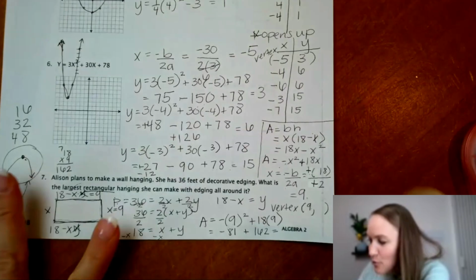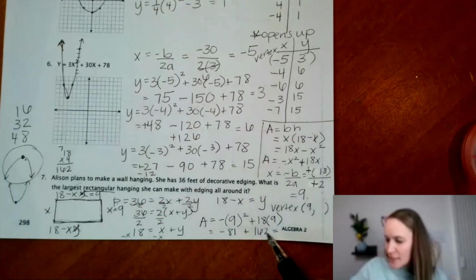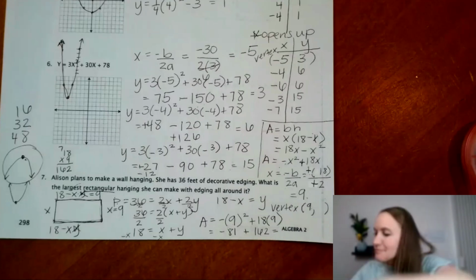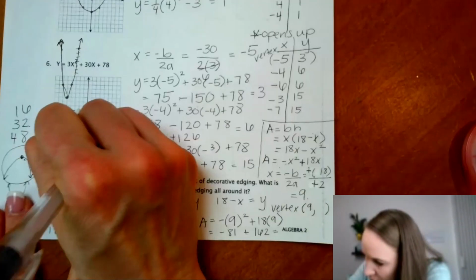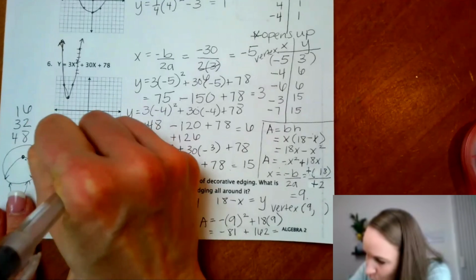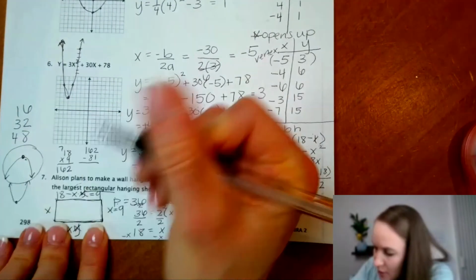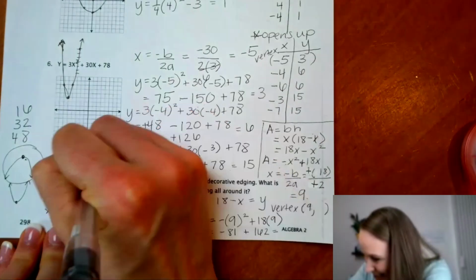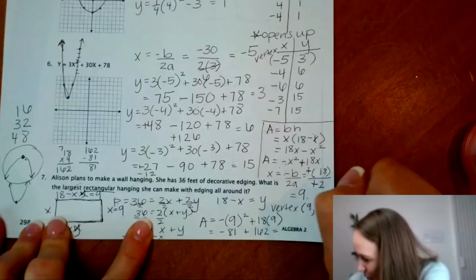So I need to do some more math. I need to take 162 and subtract 81. 162 minus 81. 2 minus 1 is 1. 16 minus 8 is 8. So I end up with 81.